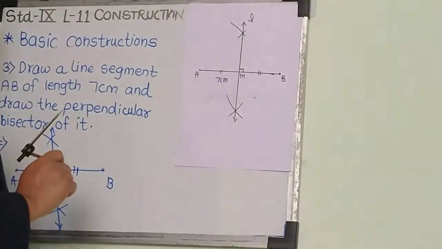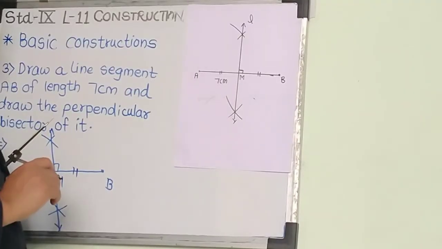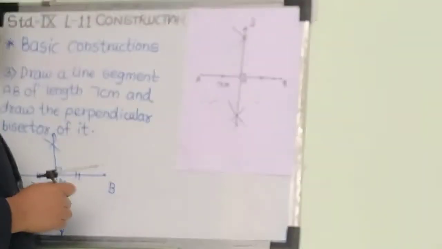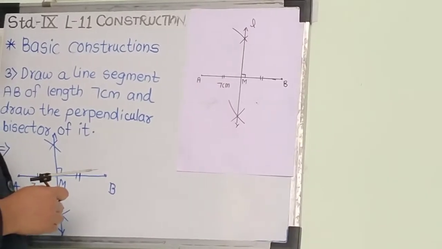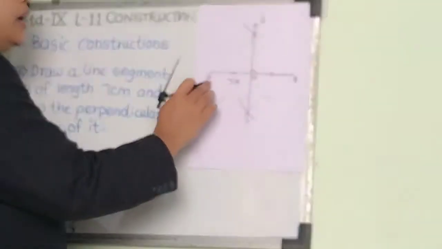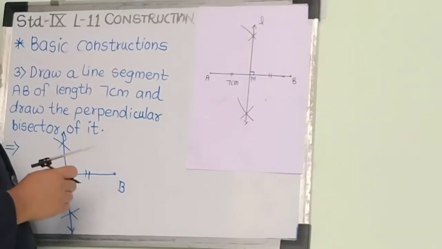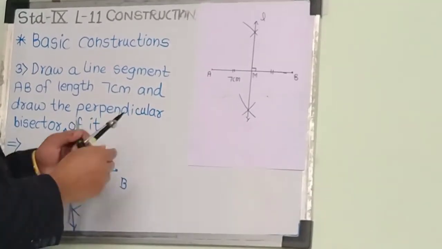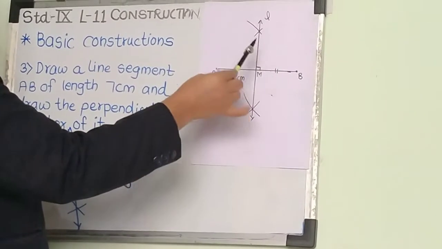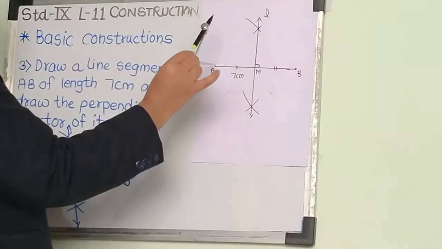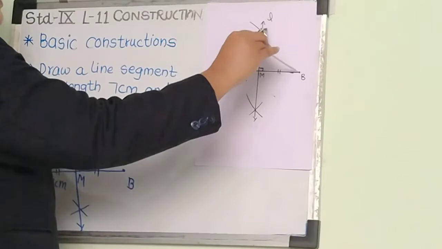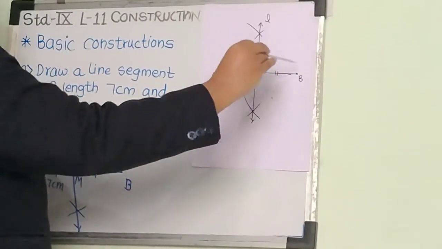So one by one you are now going to construct. First you draw a line segment of length 7 cm. Then give the names A and B. After that, in your compass, you take more than half the distance and draw arcs from points A and B, above and below.